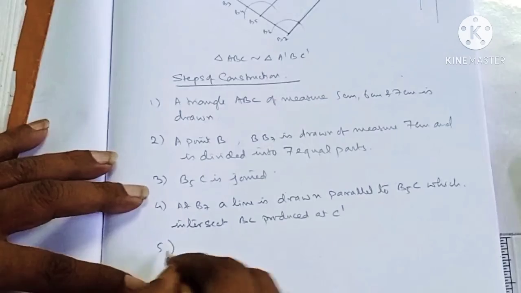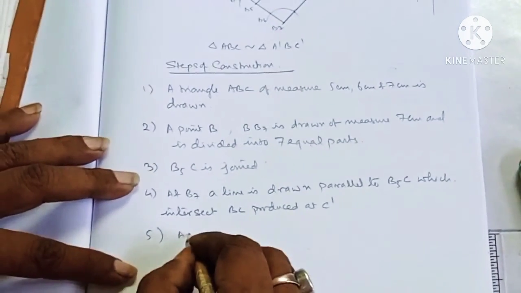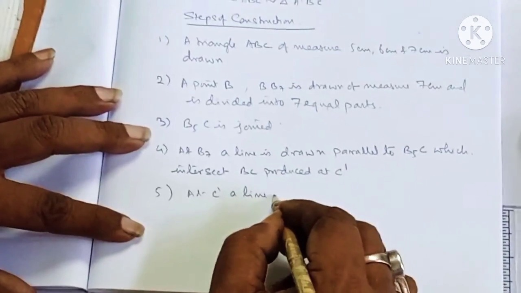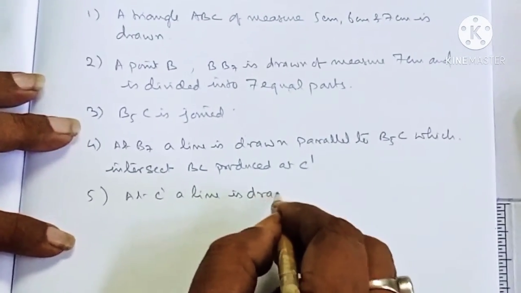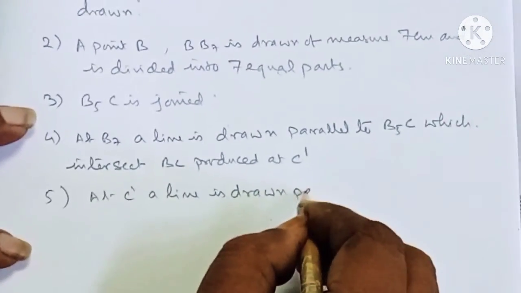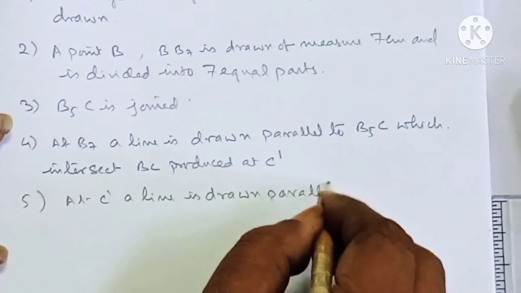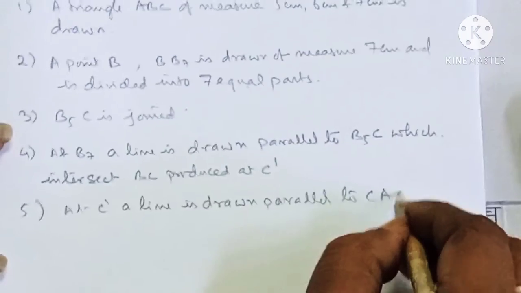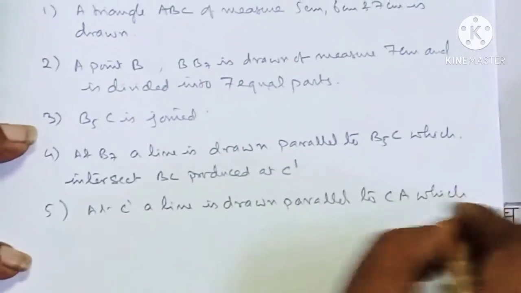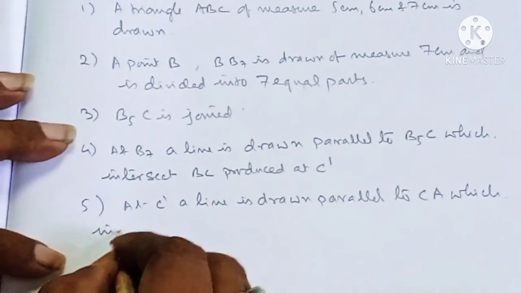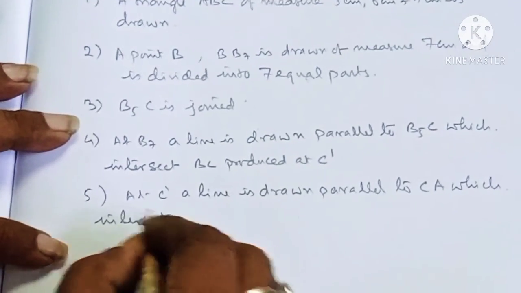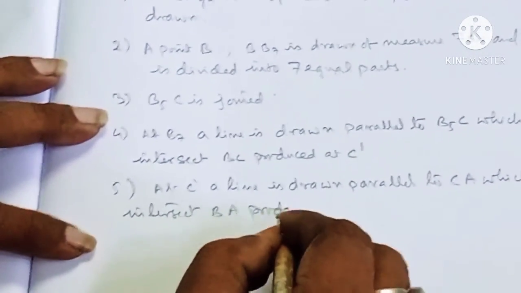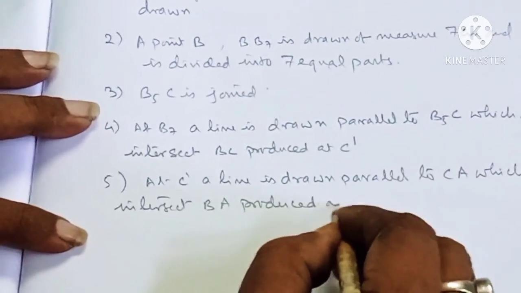Again, at C dash, a line is drawn parallel to CA, which intersects BA produced at A dash.